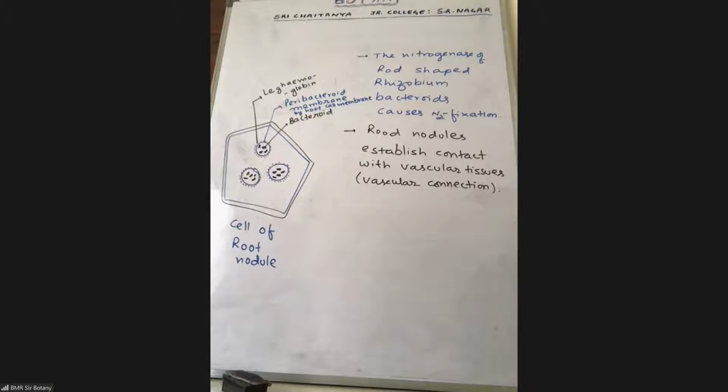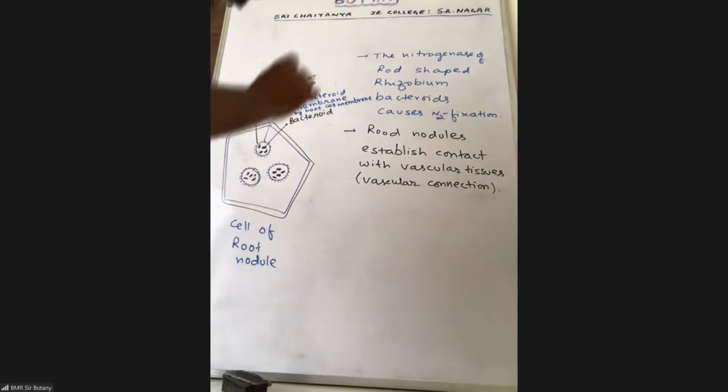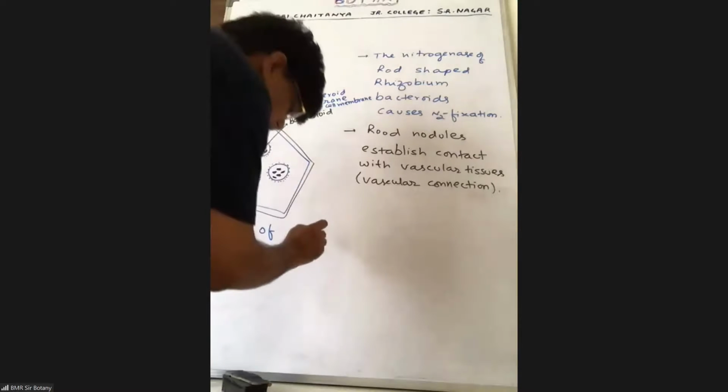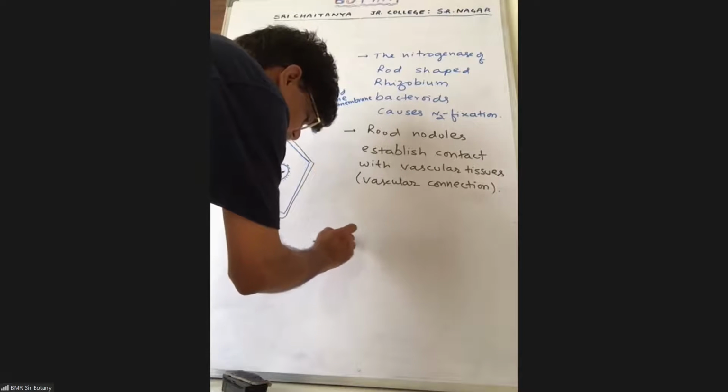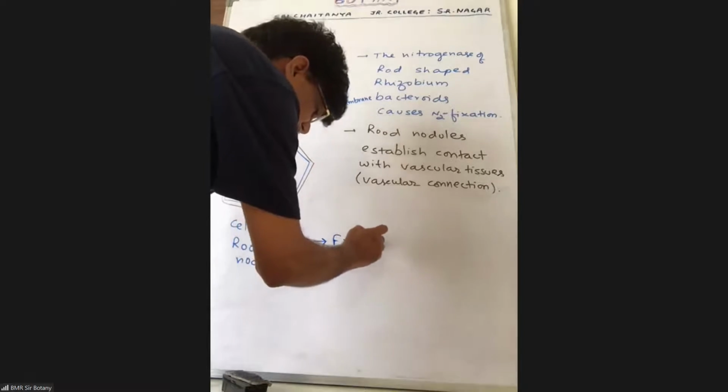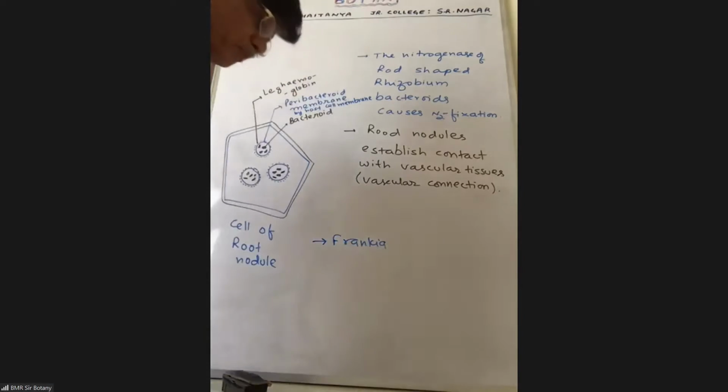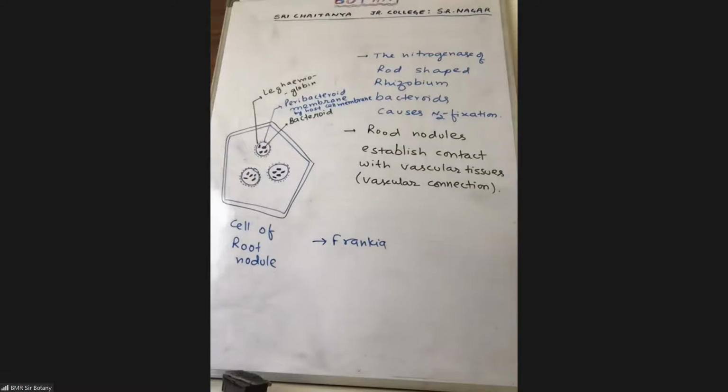Now, just to go beyond, take Frankia. All we were discussing was about root nodules in which rhizobium forms root nodules and helps in nitrogen fixation. That's a different thing. Frankia also has the same nature. Frankia belongs to which group of Monera?